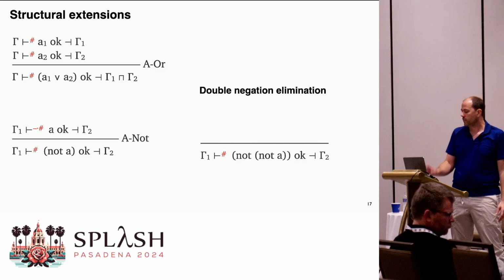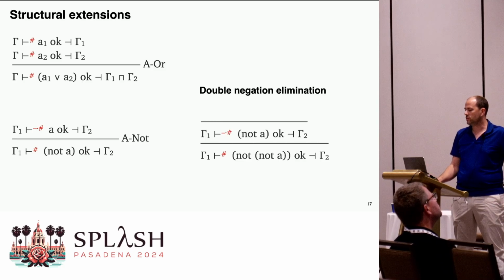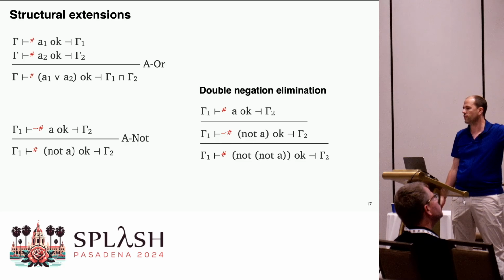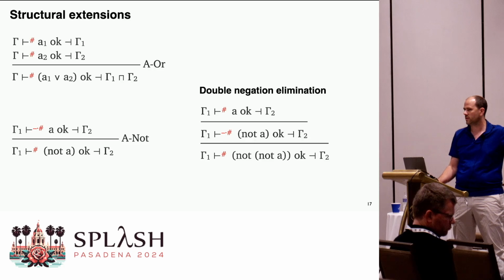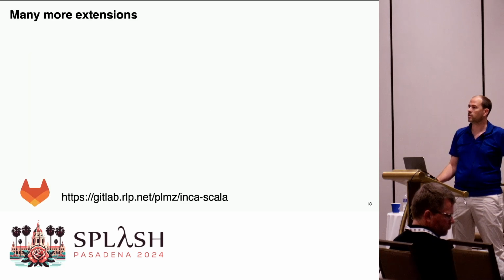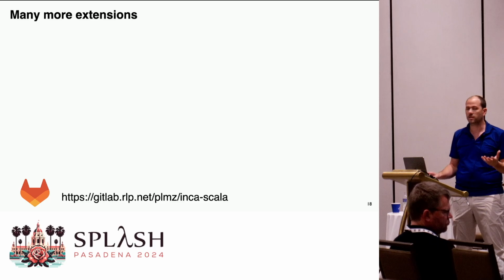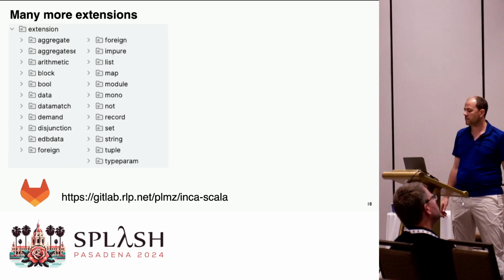If you have two negations, you flip the polarity once, you flip it twice, and that means you're back to where you started. So effectively we eliminate the double negation in the static semantics. And this is really flexible. I don't have time to show you how flexible it is, but we've implemented the system and we've developed a lot of different extensions.